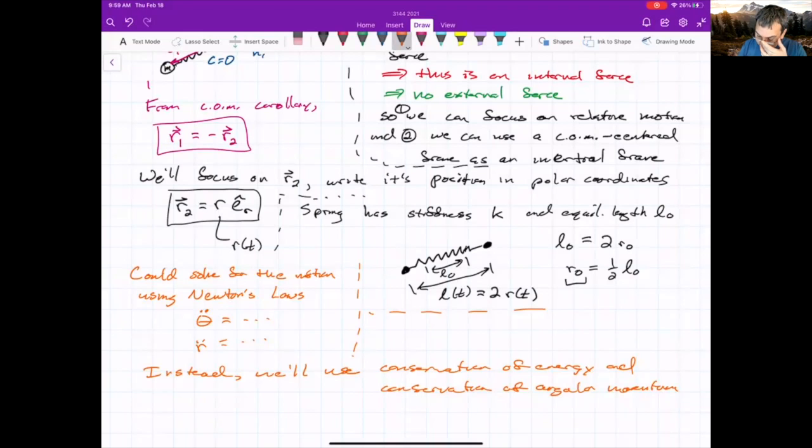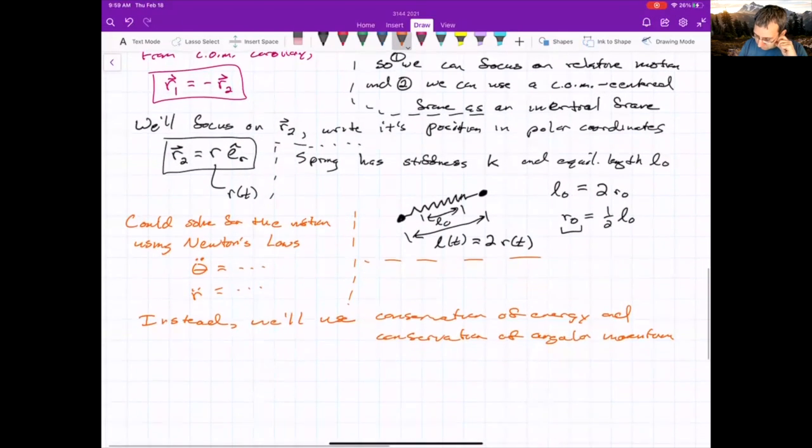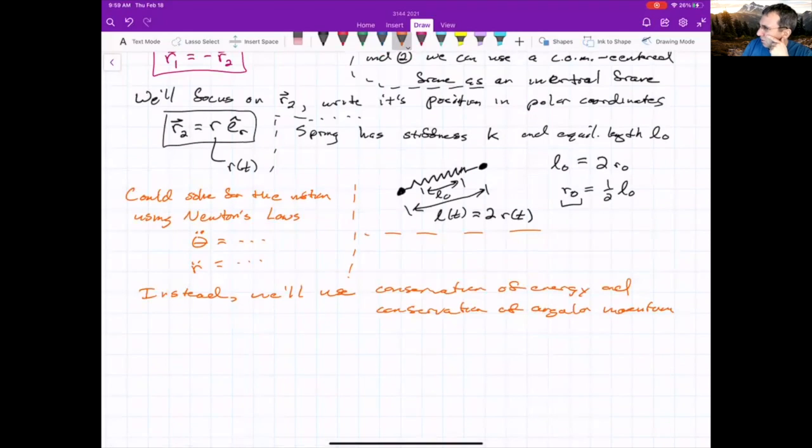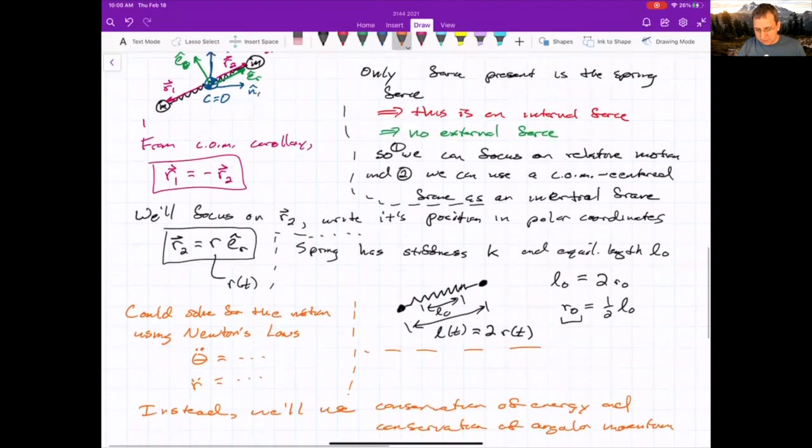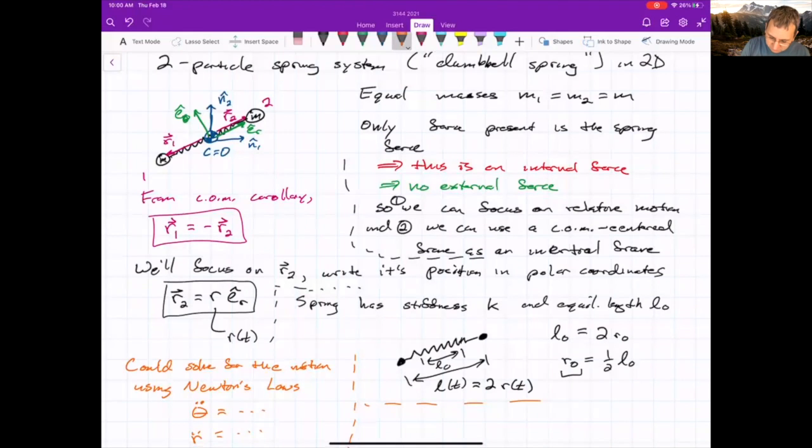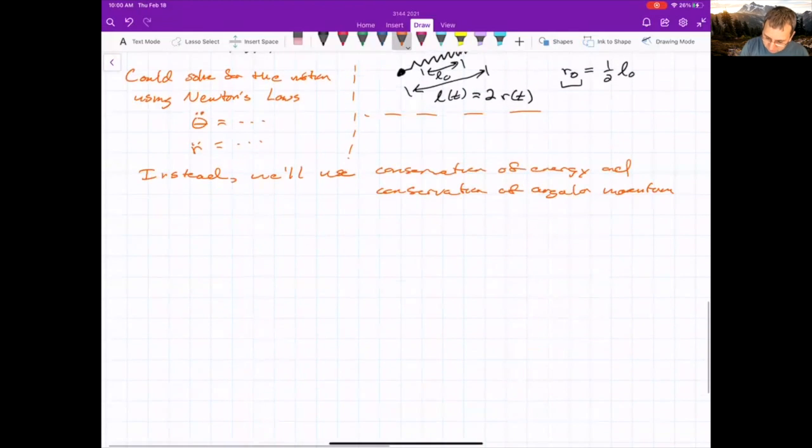Now, how would I know ahead of time that I should use these? I don't know if you've seen this in past classes, the idea of a central force problem. That means the force is only directed inward, which is a case that we have here. The force due to the spring, if we were to do a free body diagram, which is the only force present, we've got the force due to the spring on particle 2, the one we're focused on, and then it's equal and opposite over here.